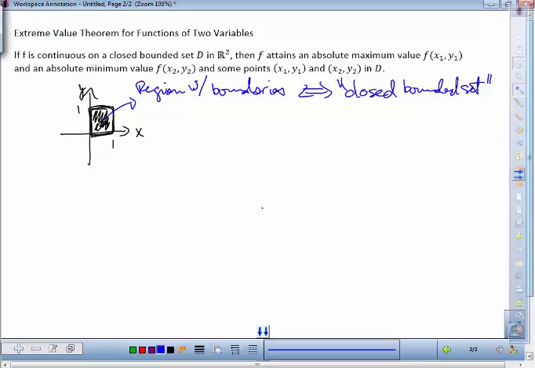In this example, maybe this could be described as the set of x, y in R2 such that x is between 0 and 1, and y is between 0 and 1. And when we say between, we're also including 0 and 1.